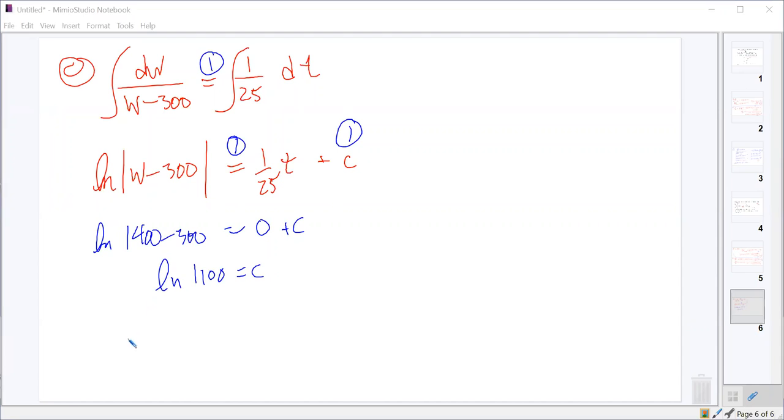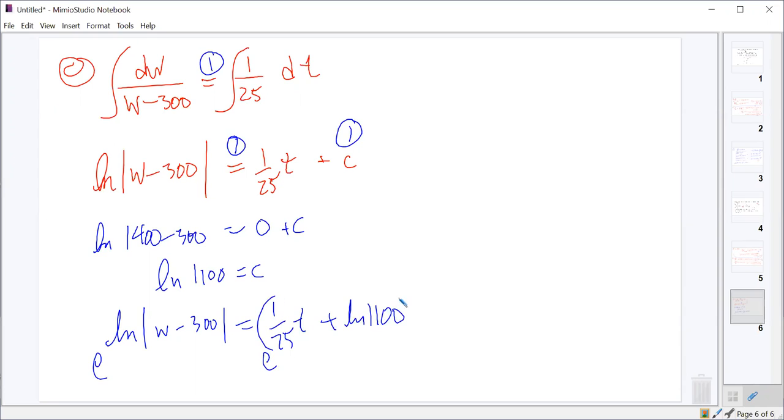And so we'll have natural log absolute value w minus 300 equals 1/25th t plus ln 1100. And we exponentiate, we'll have absolute value w minus 300 equals 1100 e to the 1/25th t, right? Because the e to the natural log of 1100 will just become an 1100.